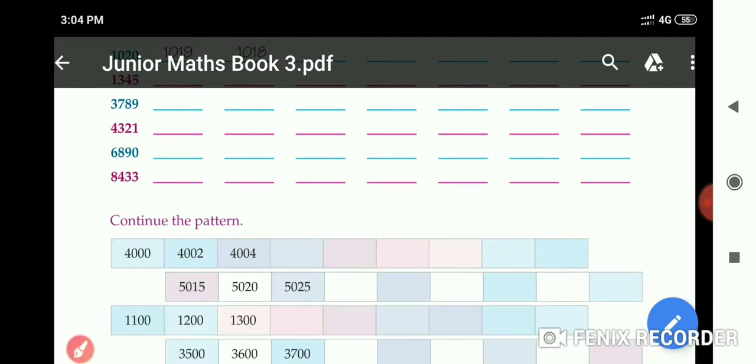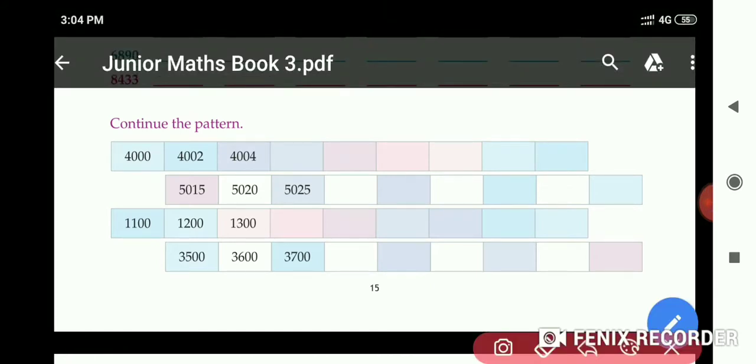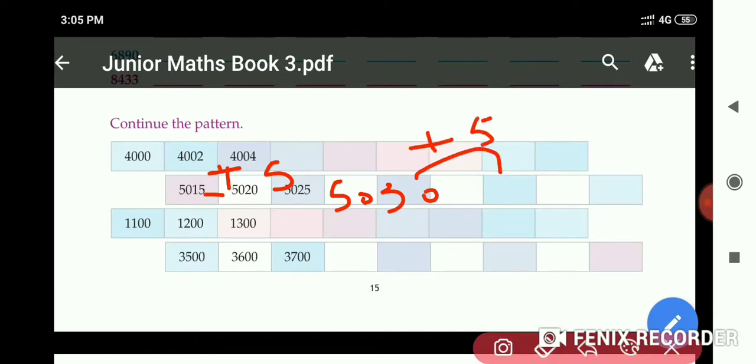Now come to the next part. 5015, 5020, 5025. At each step plus 5 is there. So what will be the next number? 5030. Then again plus 5, 5035.